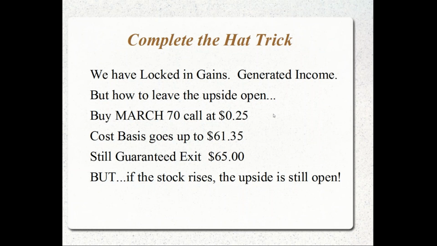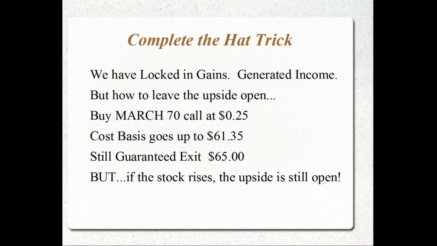But let's complete the hat trick. Locked in gains, generated income. But how do we leave the upside open? How can I possibly counter the obligation to deliver shares of stock at 65, other than paying another $5,000, or in this case, almost $6,800. I'm sorry, $6,250 on February 15th. What can I do that would increase in price or give me upside if the stock just continued to move up?